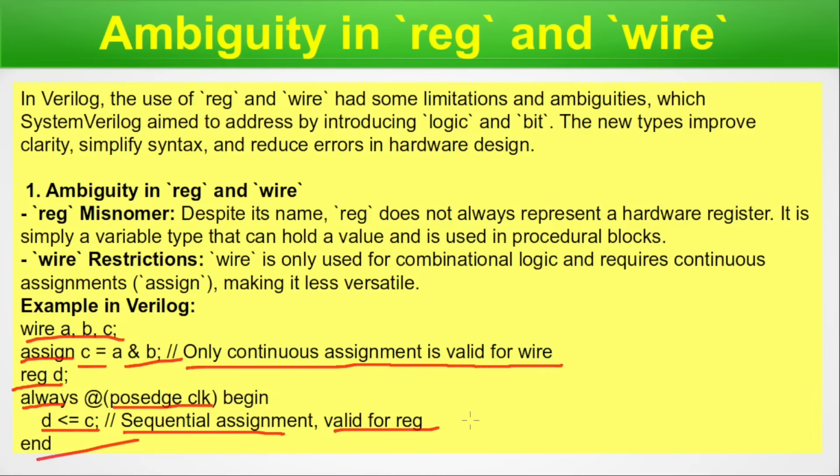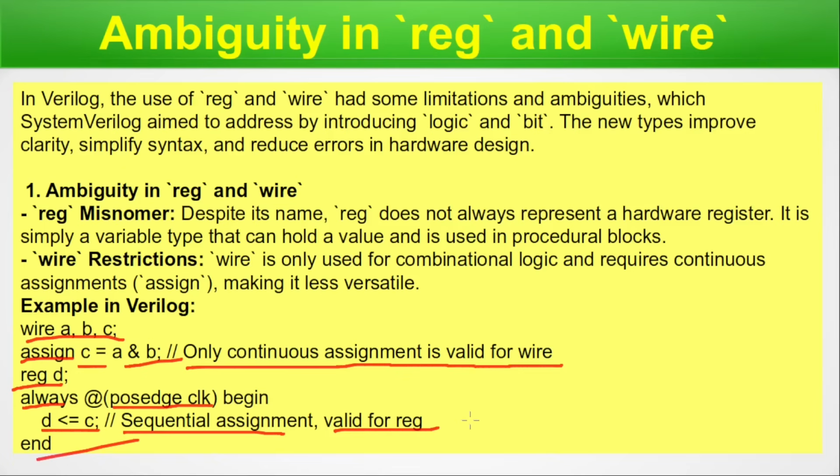That was in Verilog. To sum up, reg and wire served their purpose in Verilog, but their limitations often led to confusion. Reg didn't always mean a register and wire could not be used in procedural blocks, which meant you had to constantly switch between the two. SystemVerilog improves on this by giving us logic and bit, which unify and simplify how we describe signals.